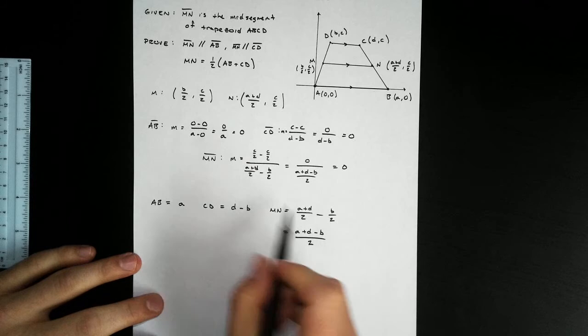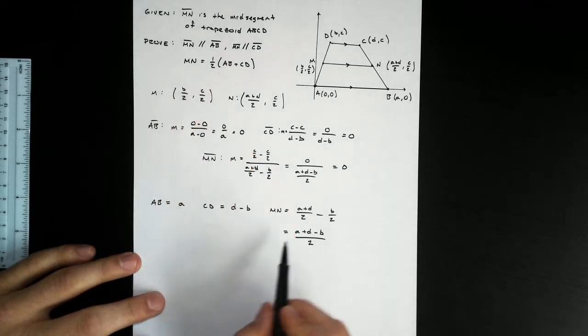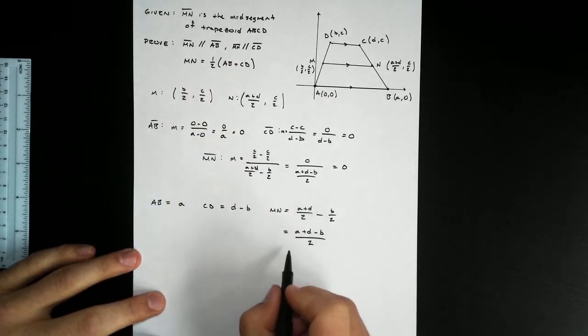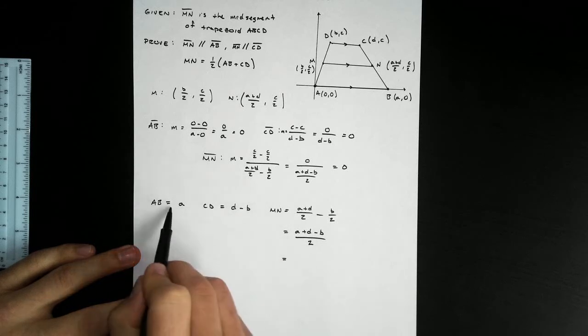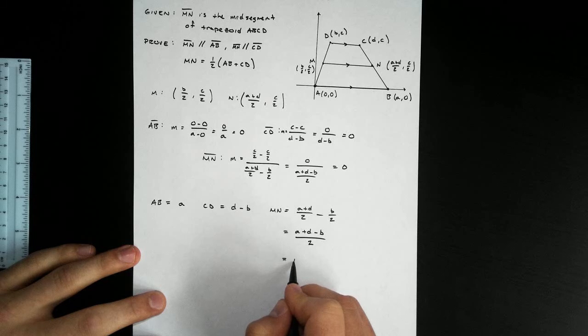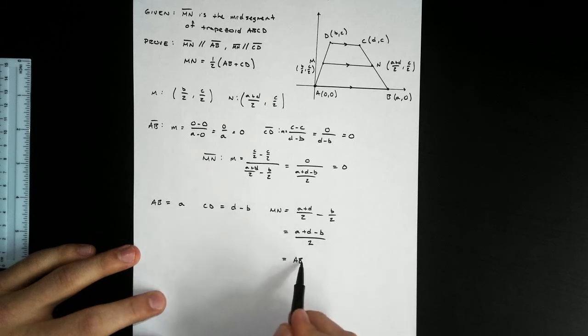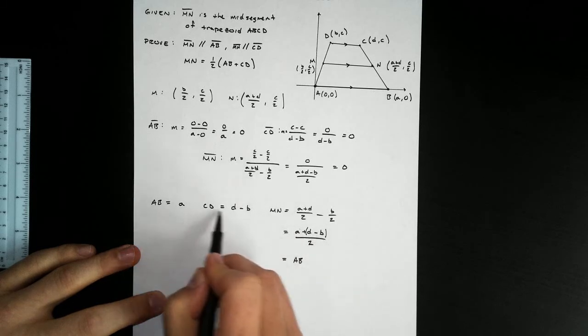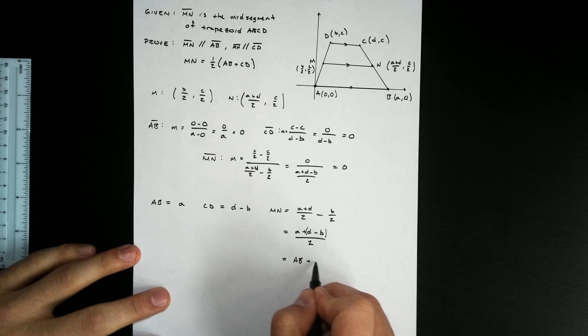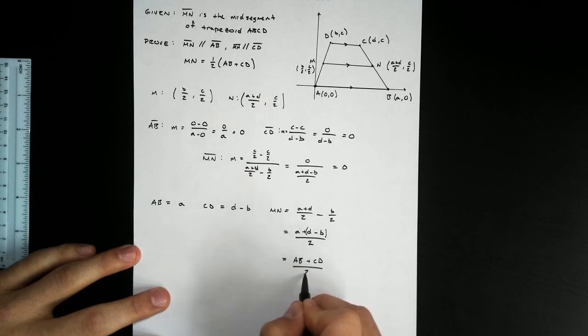Okay, now I just need to justify this. So continue working with this. We can do some substitution that we see here. AB is the same as a, so we can substitute a for AB. And then d minus b here, that's the same as CD, divided by 2.